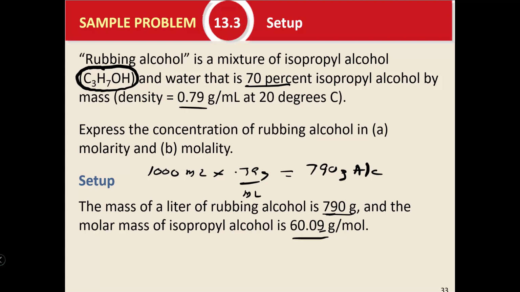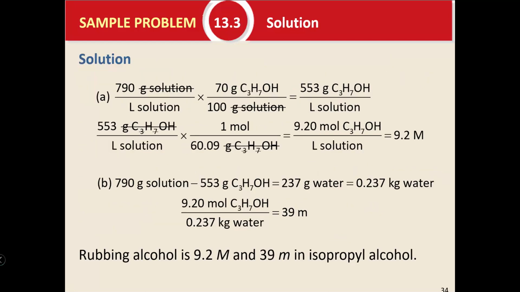They're telling you the density of the solution is 0.79, and we used a 1,000 milliliter solution. So this is not the alcohol. This is solution. That is correct. This is the grams of solution that we would have in 1,000 milliliters of solution. Yep, I made a mistake there. So this is the grams of solution. And if we go to the next slide, that is correct. It is 790 grams of solution per liter. So that's why we did the density.